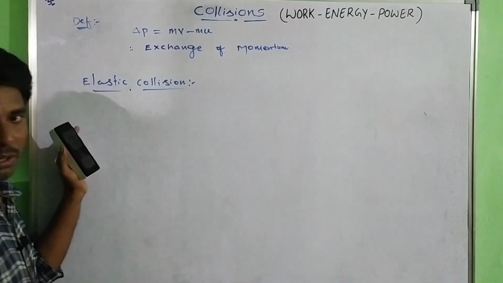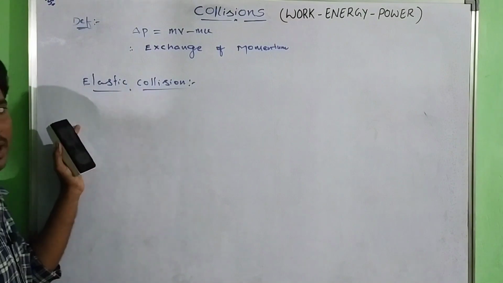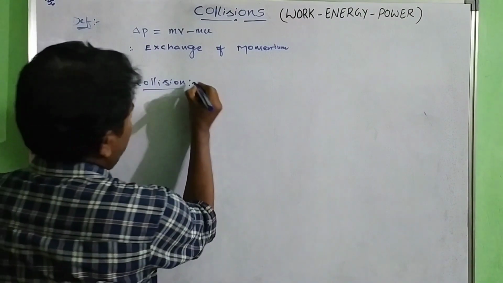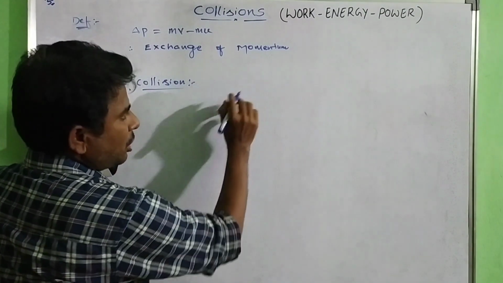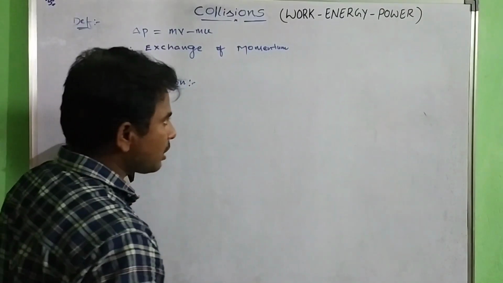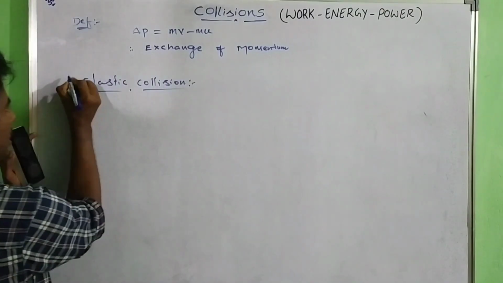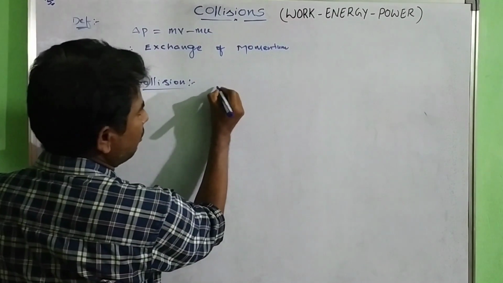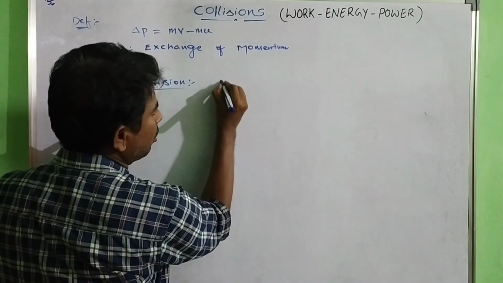Definition of elastic collision: the collision in which both momentum and kinetic energy are conserved is called elastic collision.